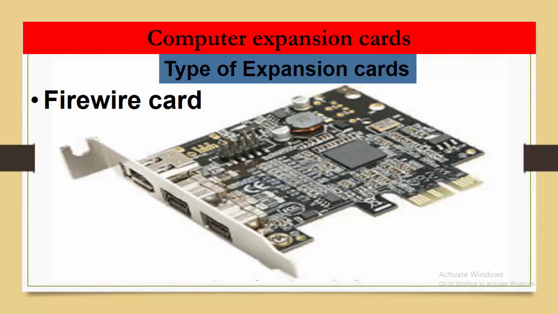A firewire card, as you are seeing in the figure, is used to provide a computer with an IEEE 1394 interface connection, also known as FireWire. The term was coined by Apple in the early 1990s, and the ports themselves have been included on most Apple computers since the year 2000.